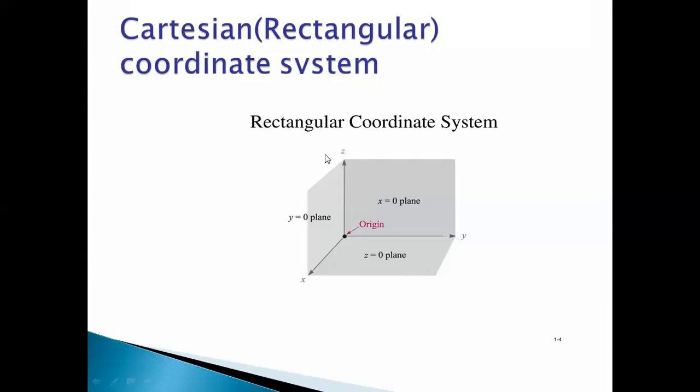Now all of you know we are considering here the three axes, that is x, y, and z. Now tell me, what is the angle between x and y axis?